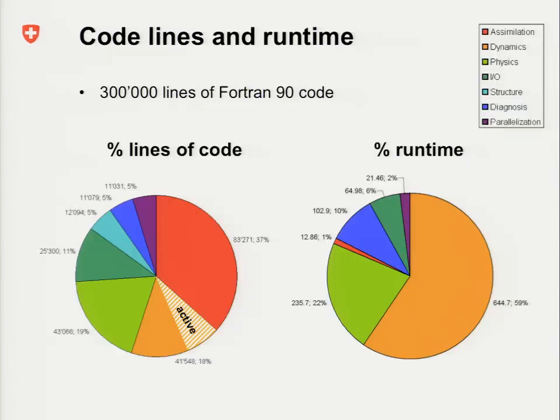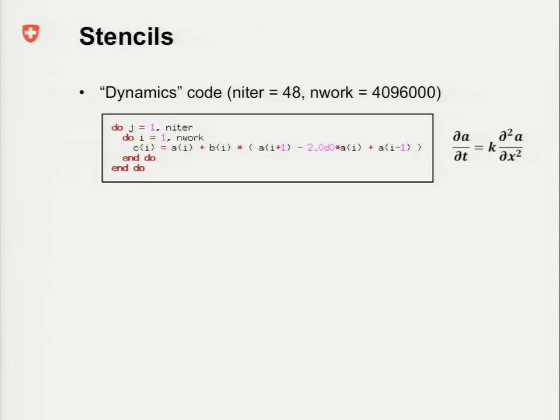Now, I'm focusing in on the orange part here, and I just picked out a prototype code of what is typically being run in the dynamics. This is just a prototype example solving this equation using finite differences.